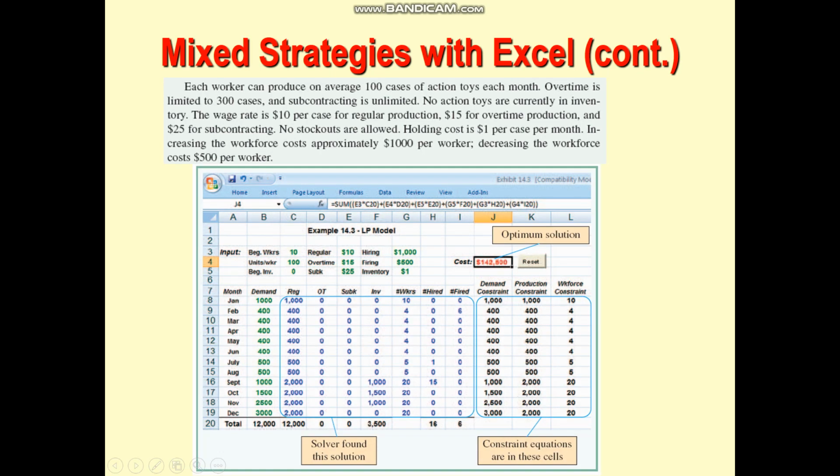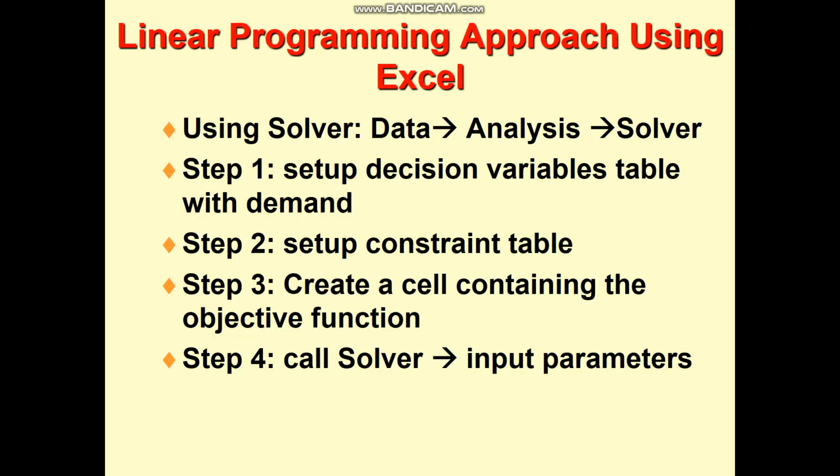And when we use the mix strategy, the total cost we have to pay is 142,500. So we see if we use the mixed strategy in this case, it is the best option for us because we only need to pay less cost.